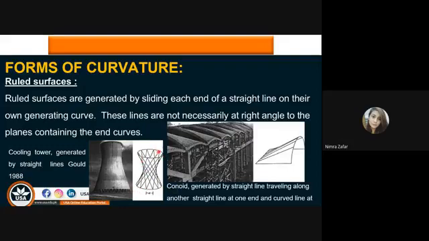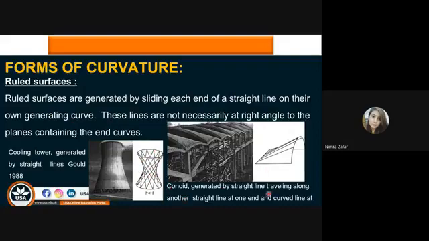These two curves are generated by all the straight lines. So basically, the straight lines are sliding with each other and they are generating curves. And it is not necessary for these lines to be at right angle to each other.